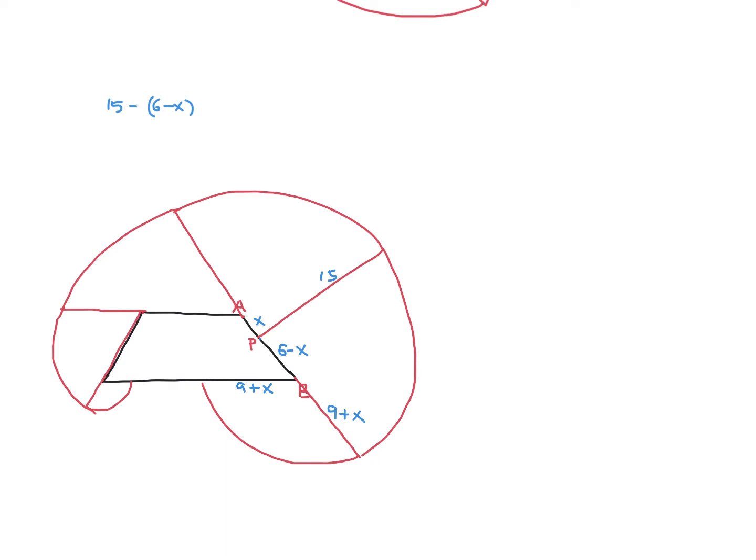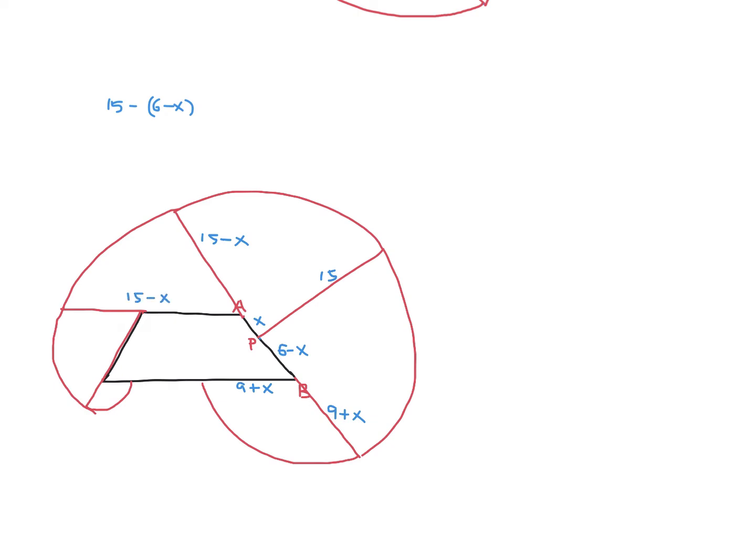Now let's keep going. We have to figure out this segment right here. Well, that's straightforward. It's going to be 15 minus x. And then that 15 minus x is also the same as that. So that's 15 minus x.